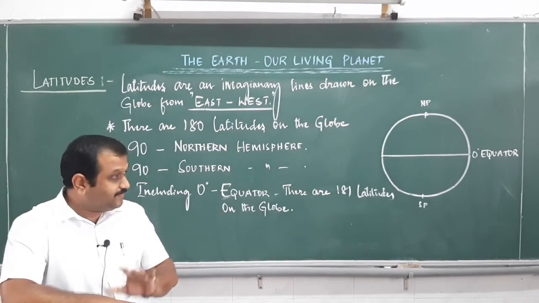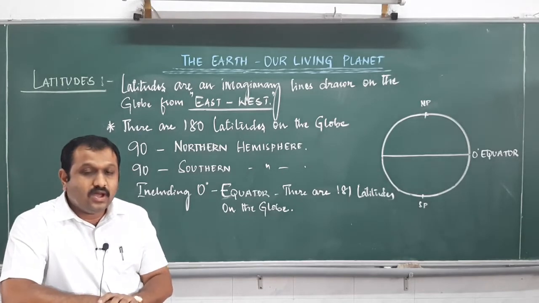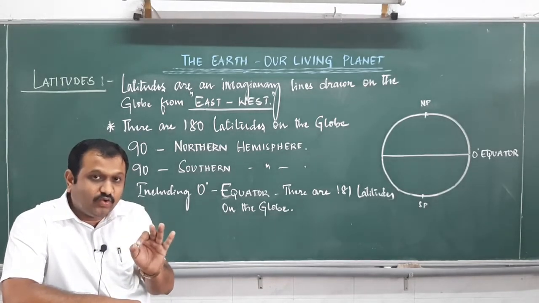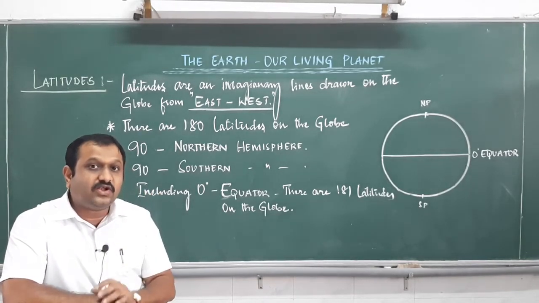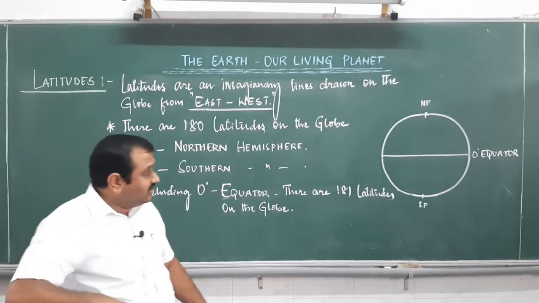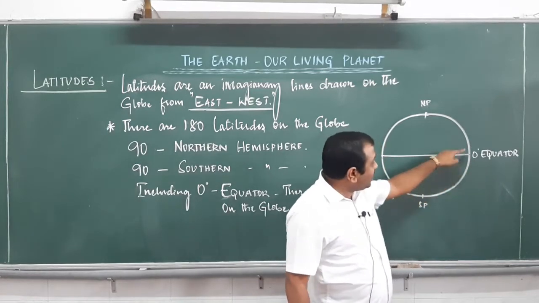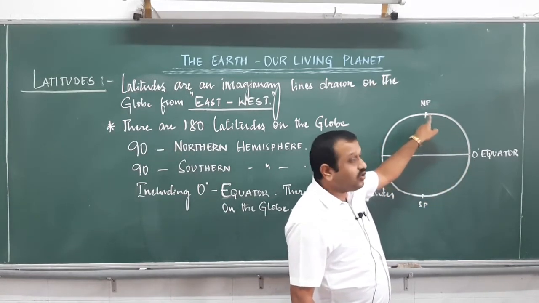Dear boys, observe this carefully. All these latitudinal lines we term as degrees. Here is one example, 0 degree equator. Like that we have 1, 2, 3, 4, 5, going up to 90.